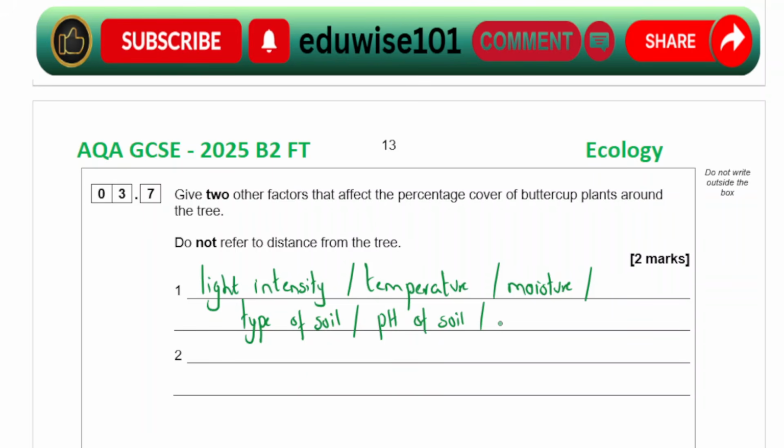What else? Minerals or ions, it can be. Oxygen level in soil.